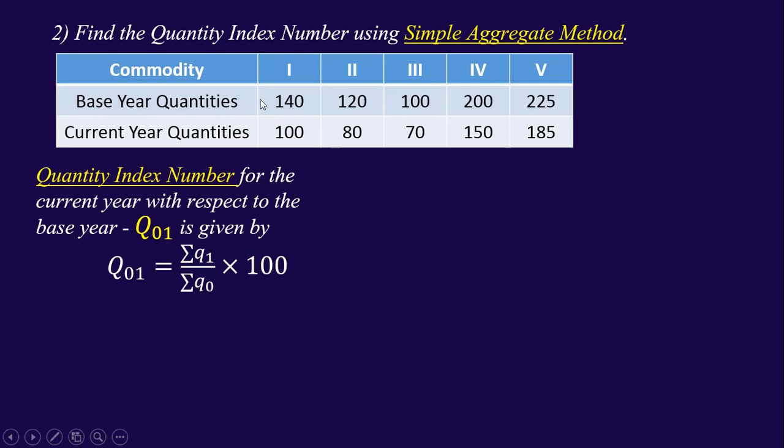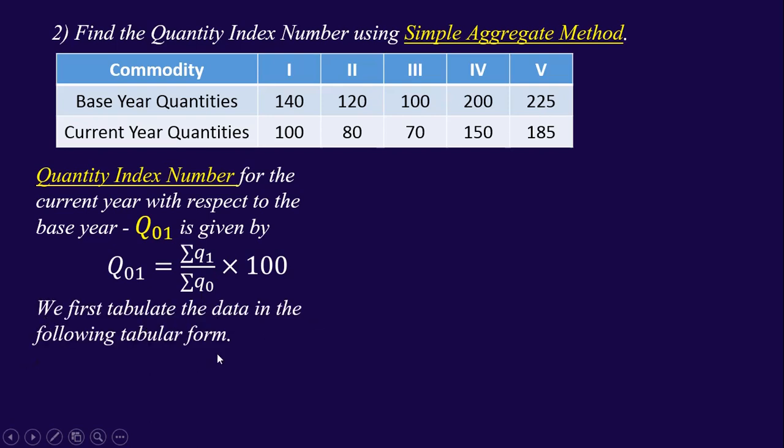So base year quantities are these: 140, 120, 100, 200, 225. We add all these values of Q0 and write this summation Q0 here. Or we can prepare a tabular form and find these values and then substitute here.